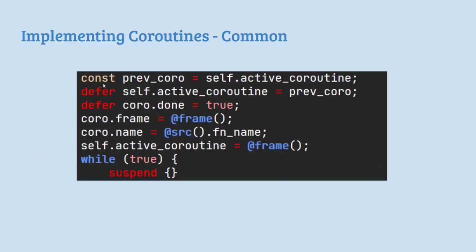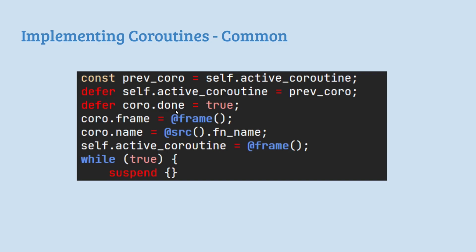Some of the common lines you'll find in the beginning of each coroutine is finding out what was the previous coroutine, and we use defer. So at the end of the coroutine, we set the previous coroutine active again, and we mark ourselves as done. This is done mostly so that we can clean up memory at some other point in the program.